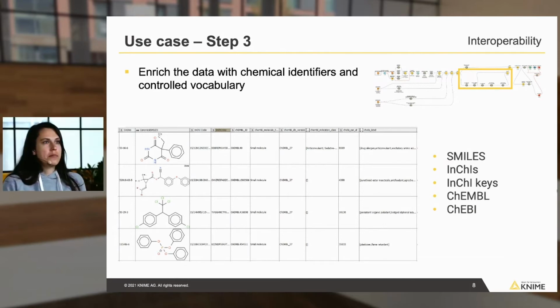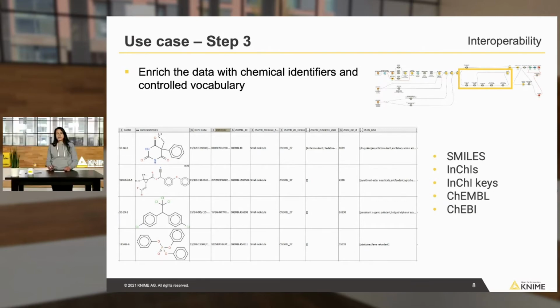With the third step, I was aiming at increasing interoperability. So initially, the data only came with CAS numbers, and this can be sufficient for some purposes, but for some it's not. So I extended the chemical identifiers with SMILES and InChIs and InChI keys.